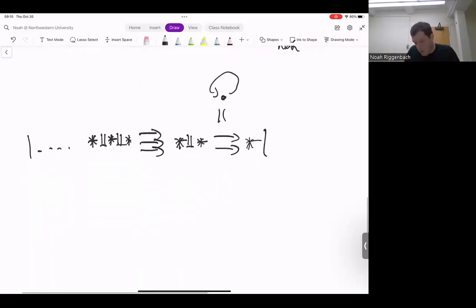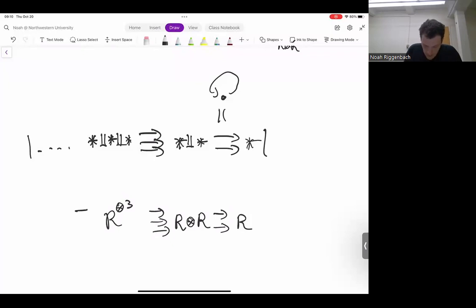And so to get THH, you can do R tensor R, tensor with itself three times, so on and so forth. And this geometric realization will be THH.